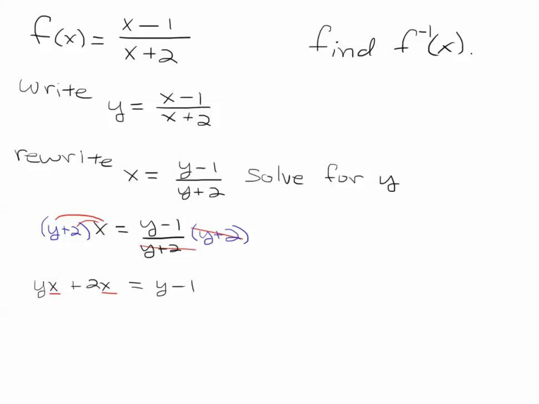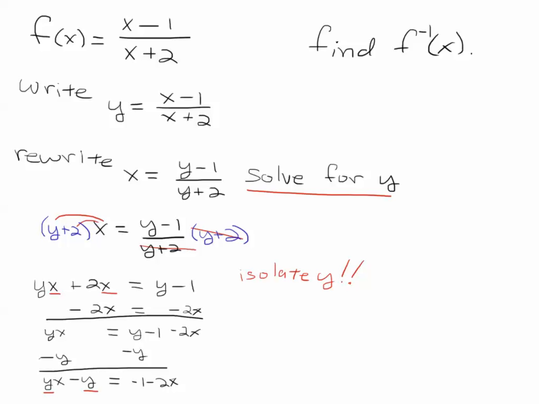So now remember, we're trying to solve for y, so we need to isolate y. That means I'm going to factor out that x on the left-hand side, and on the right-hand side, I'm going to move that y over to the left-hand side. So I do that in the next couple of steps.